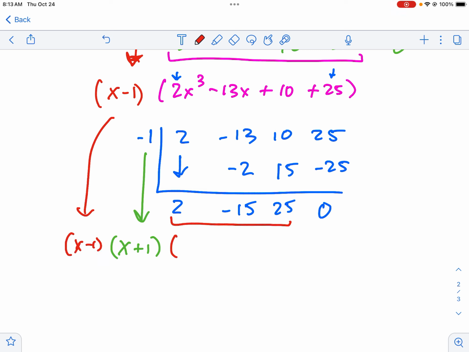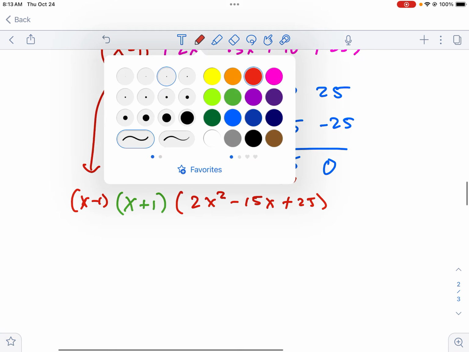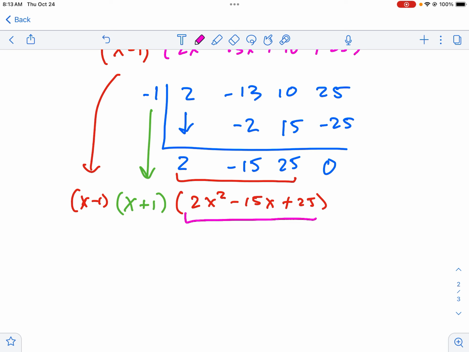And this is 2x squared minus 15x plus 25, and I can ACB that. I think I can ACB it. Let's see, 5 and 5, and then minus, minus. So then I have my 4 chunks.